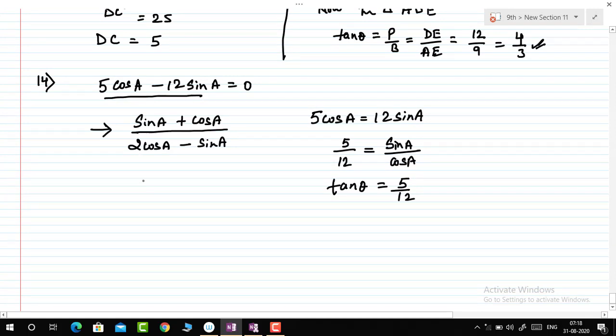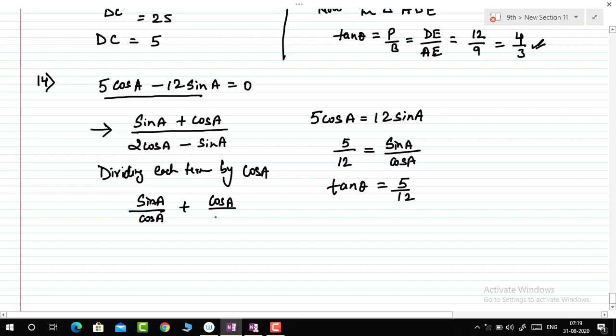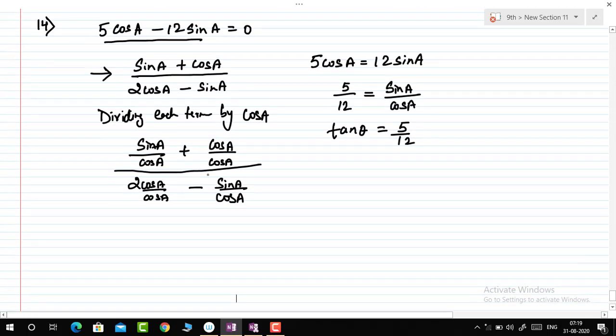On dividing each term by cos A, once we divide, we will get sin A upon cos A plus cos A upon cos A, whole divided by 2 cos A upon cos A minus sin A upon cos A. So we will get the value.